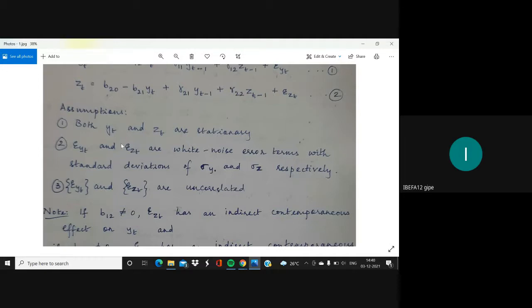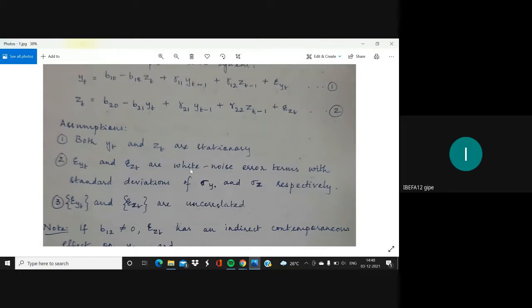Then epsilon yt and epsilon zt, which you find in equations 1 and 2, are white noise error terms with standard deviations of sigma y and sigma z respectively. When we say these are white noise error terms, it means that the expectation of epsilon yt and epsilon zt is equal to 0.